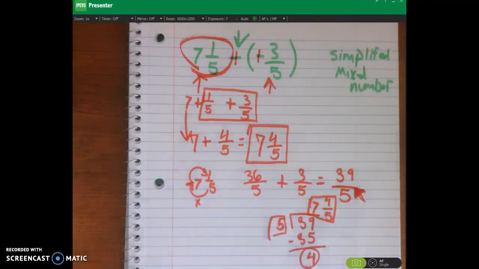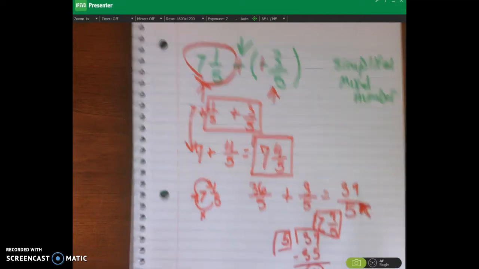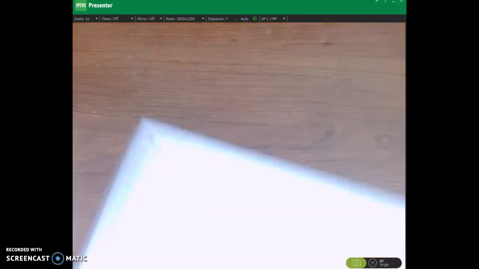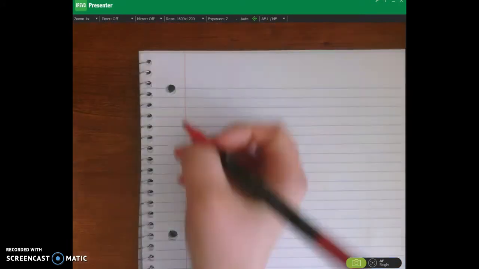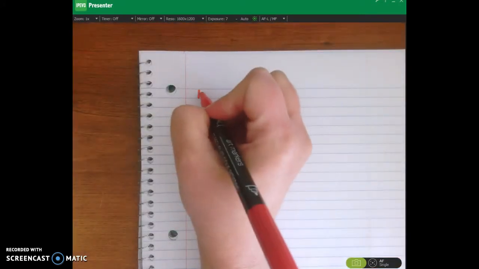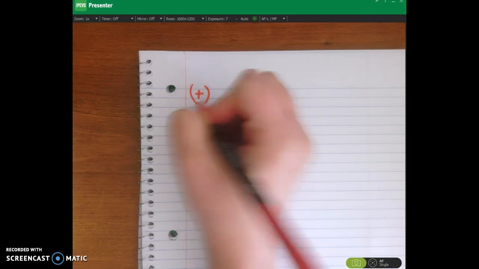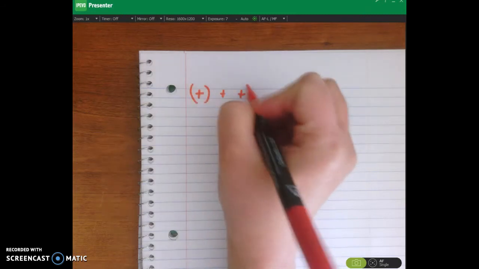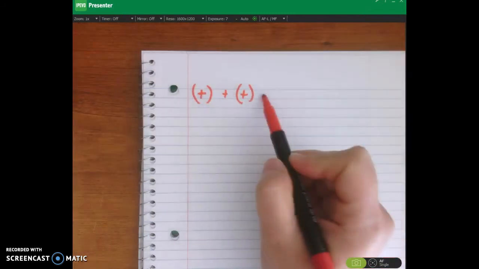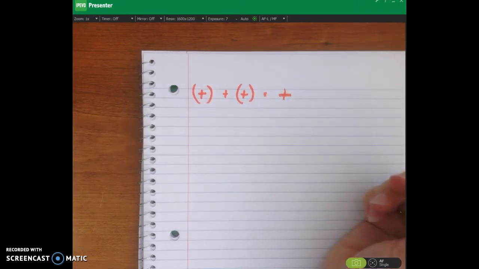So it's always important to remember your rules for adding and subtracting. And I'm just going to review those real quick. Okay, when you add a positive plus a positive, okay, you will get a positive answer.